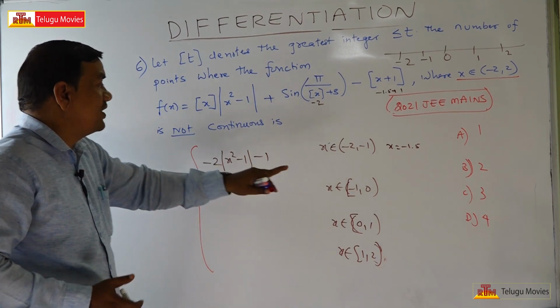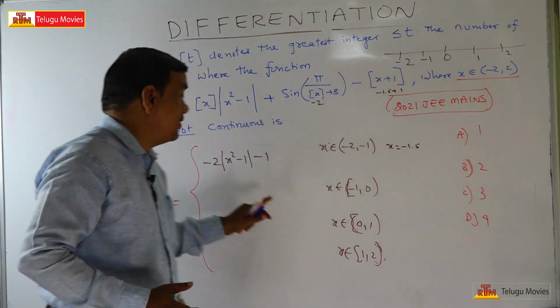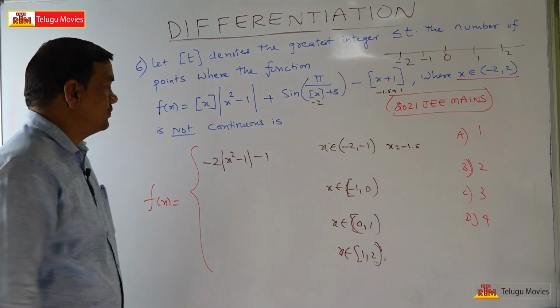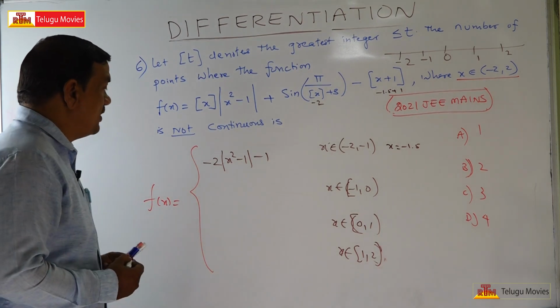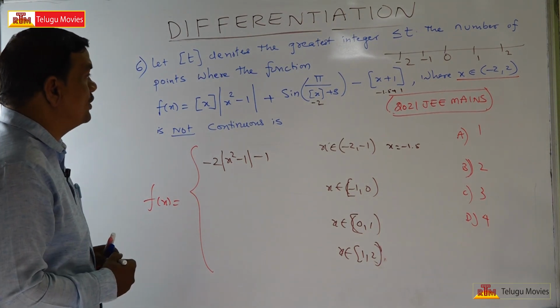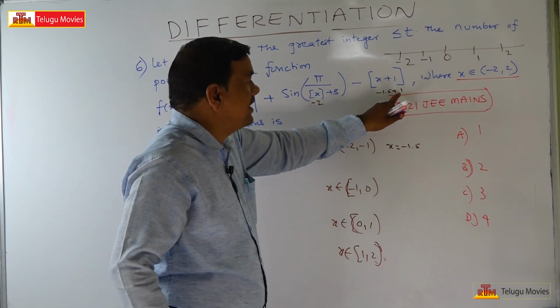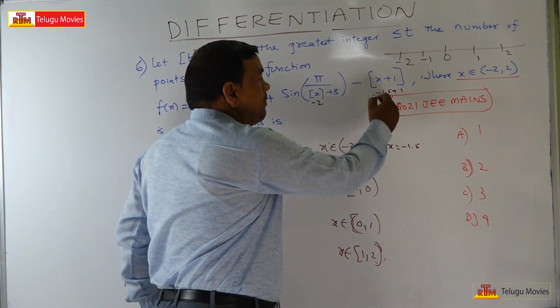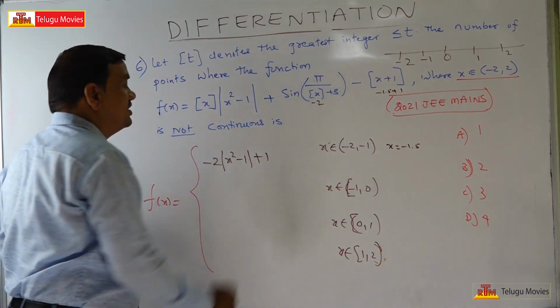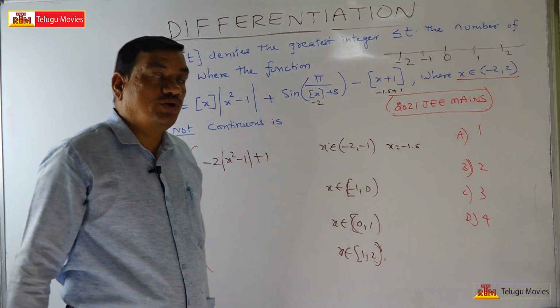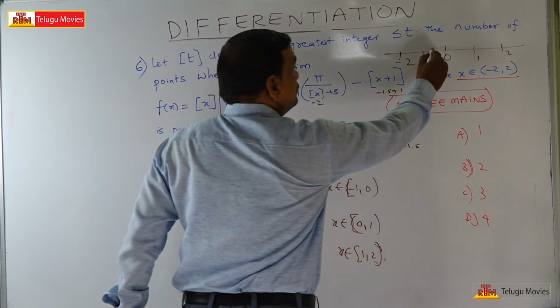If you put x equal to -1.5 and square it, you will get a positive value, so put it like that, no problem. Right? Next one, -1.5 minus -1, already -1 is there, now this is +1, right. Next, -1 to 0. -1 to 0 means what?